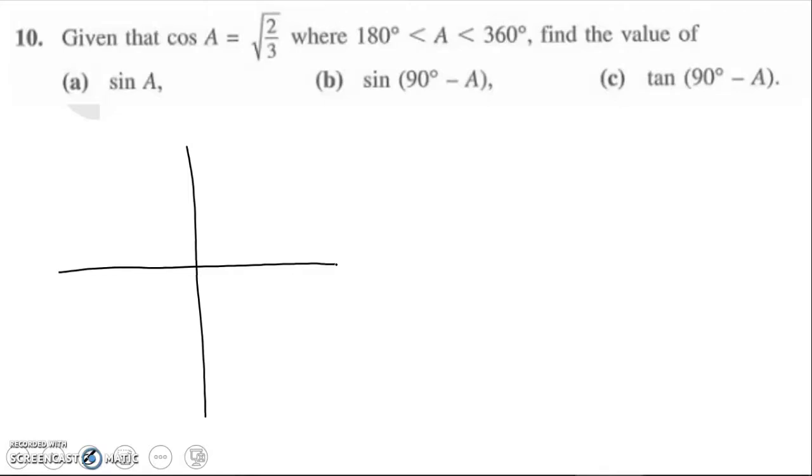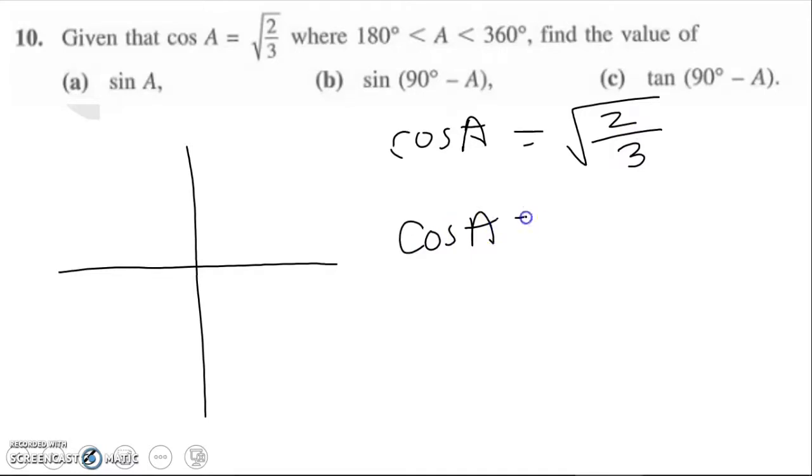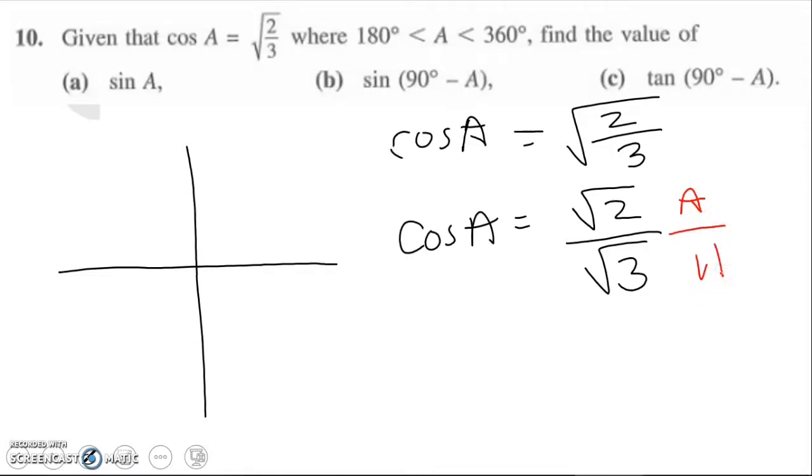I would encourage you guys, okay, instead of saying cosine A is equal to square root 2 over 3, I would suggest you to do this, because they mean the same thing. I would just break it apart. Okay? That way, you do know what A is, and what also H is as well. Okay?